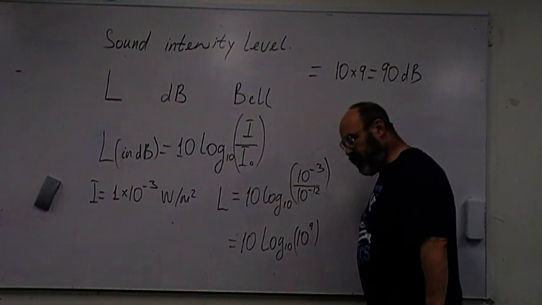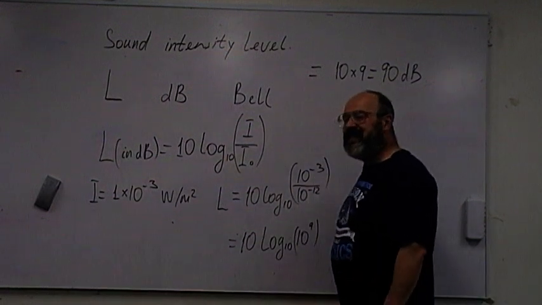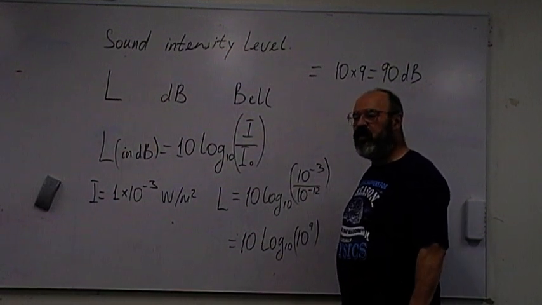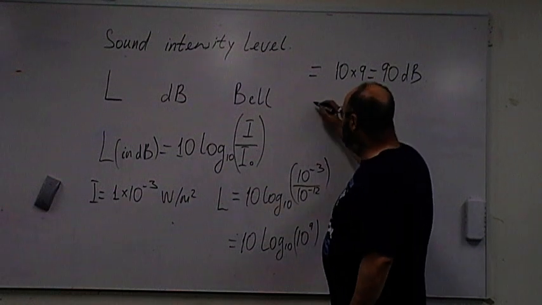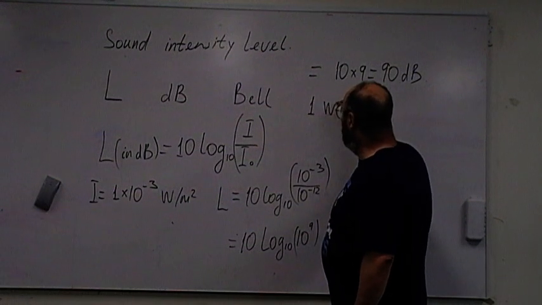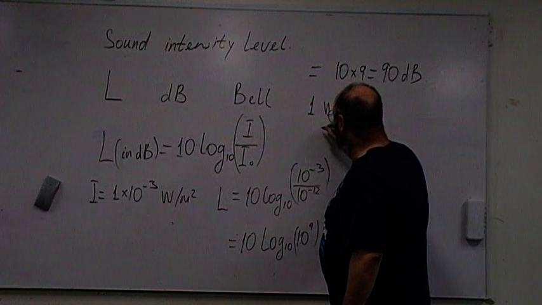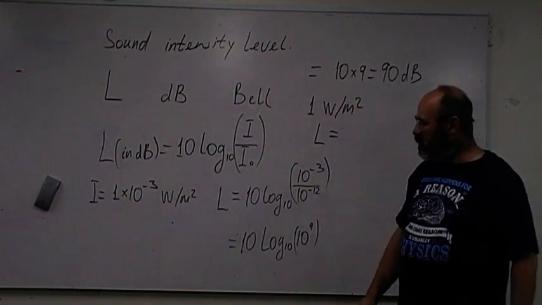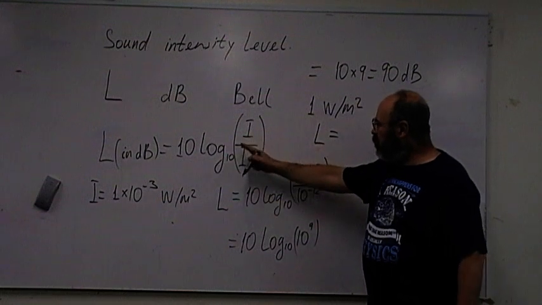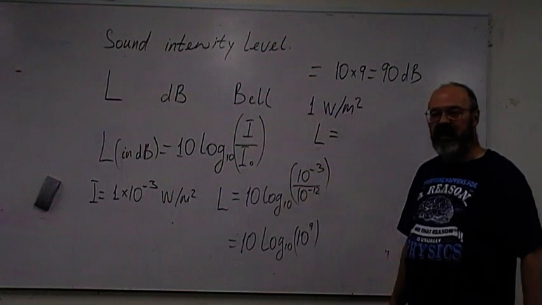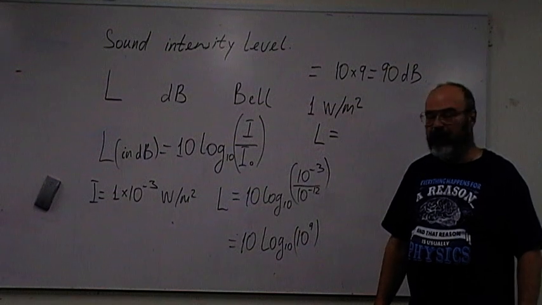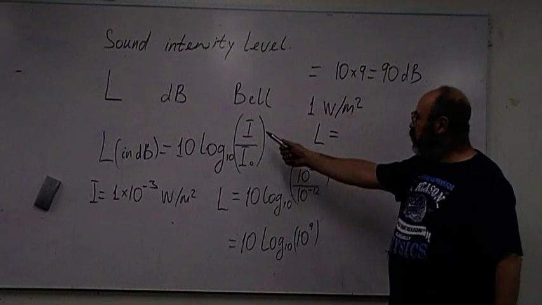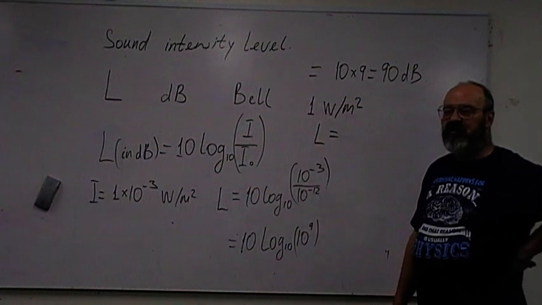Can you please calculate now what is the sound intensity level of the threshold of pain, which is 1 watt per meter squared? Substituting in this formula, I0 is always 10 negative 12, the threshold of hearing, and instead of I, you substitute 1.